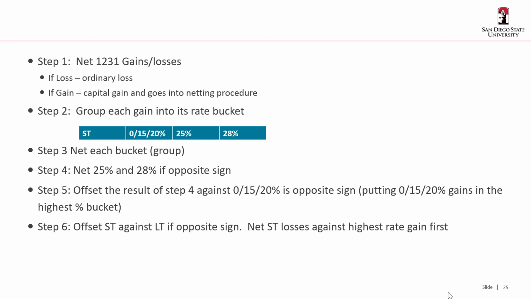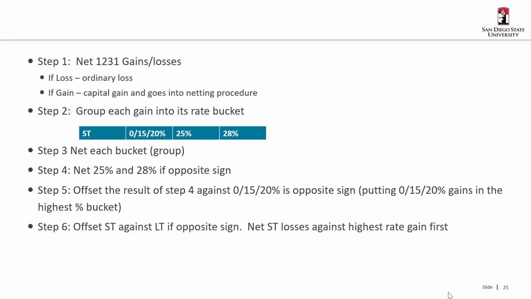So you classify each gain into its rate bucket, and then you net each bucket. So again, all the short term against all the short term, all the 0, 15, 20s against all the other 0, 15, 20s, all the 25s, and then all the 28s. So you end up with 4 net numbers. In the next step, you take your result from the 25 and the 28 categories, and you net them together if they are of the opposite sign.